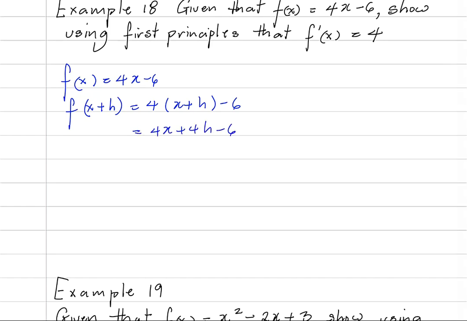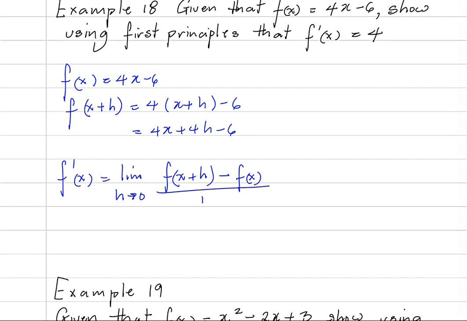So from first principle, f prime of x would be equal to the limit as h approaches 0 of f of x plus h minus f of x all over h.